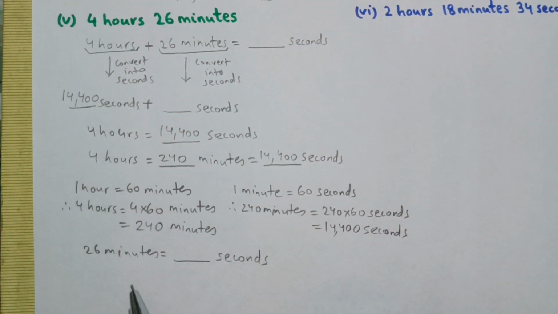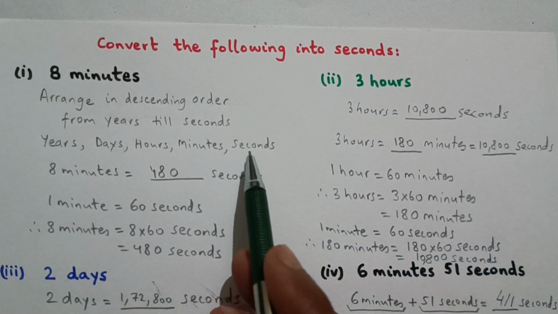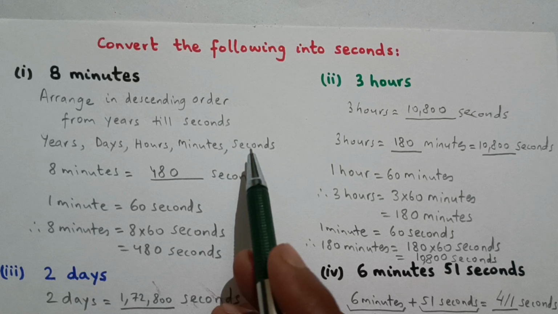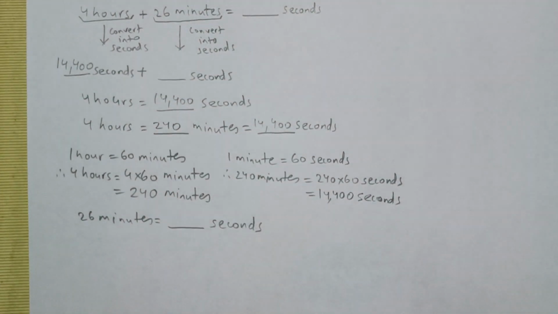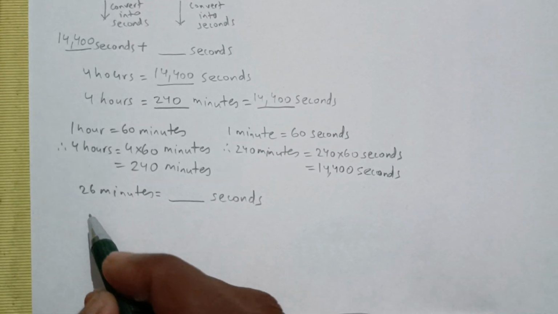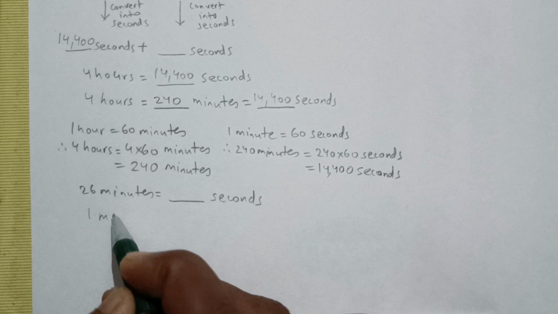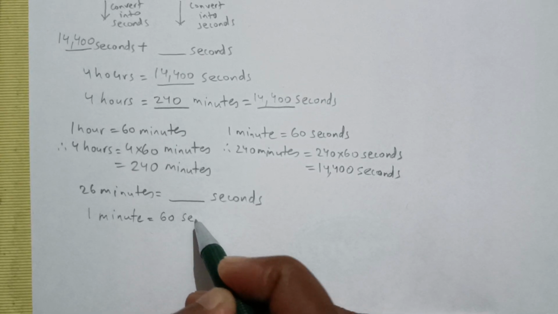Here we have to convert from minutes to seconds. So it is a one-step procedure. We know that 1 minute is 60 seconds.